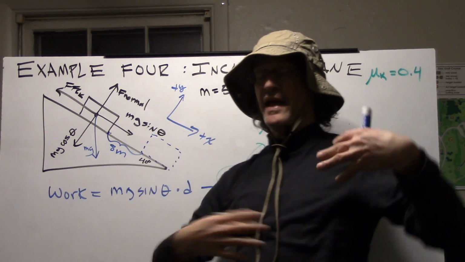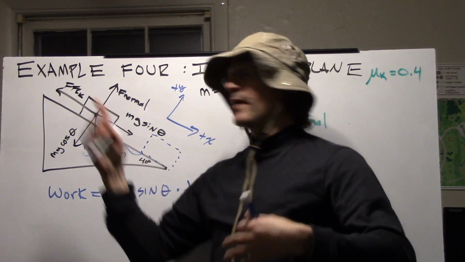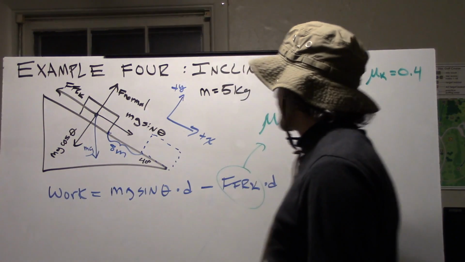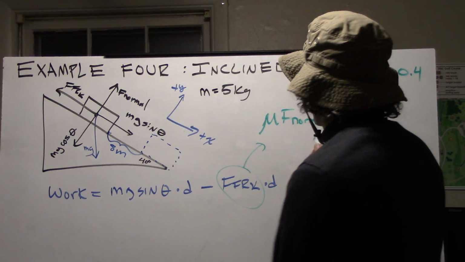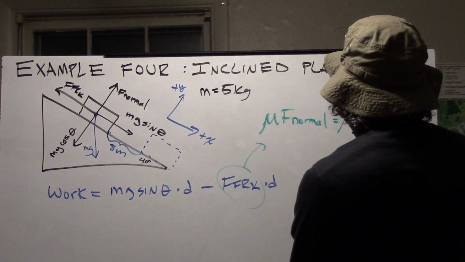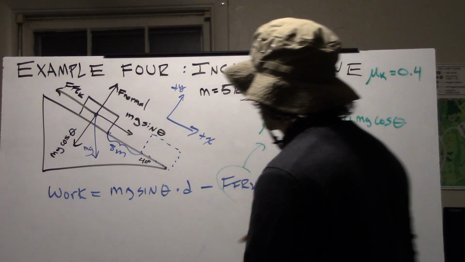We don't have to analyze any other forces going up and down. It's just this one down, and it's equal to mg cosine theta. So this is just equal to mu mg cosine theta, just like that.